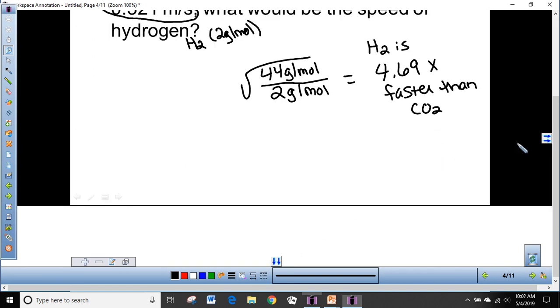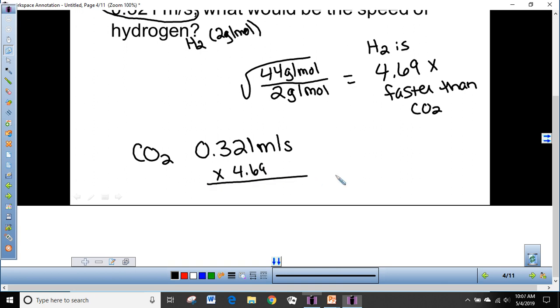And since I know the speed of carbon dioxide, so we know CO2 speed. CO2 is traveling at 3.21 meters per second. And hydrogen's going faster, so I need to take this speed and then multiply by the 4.69.